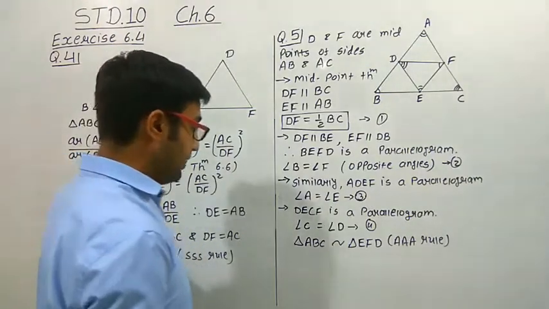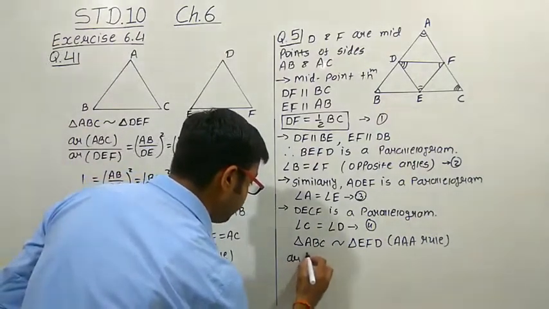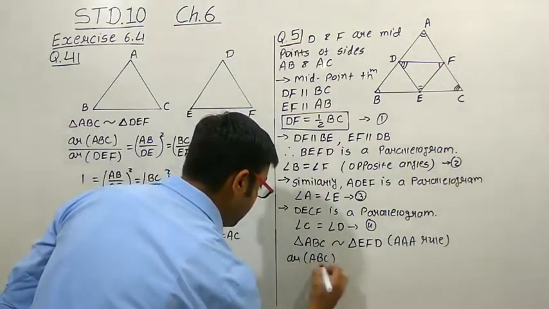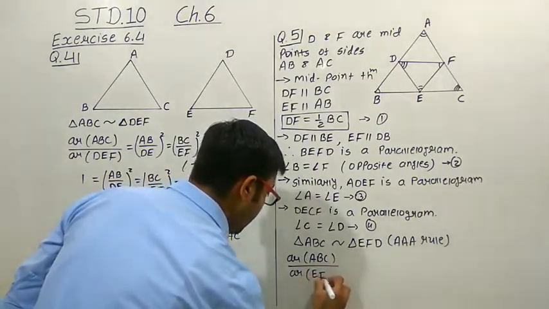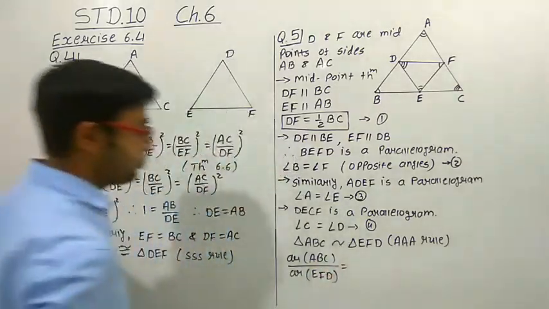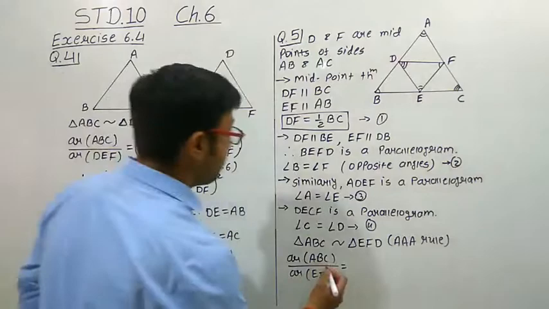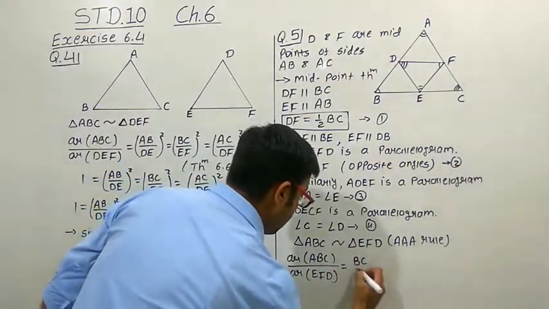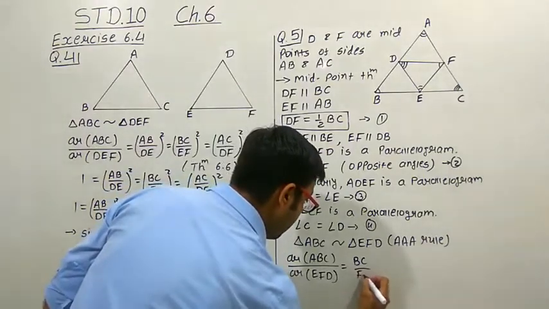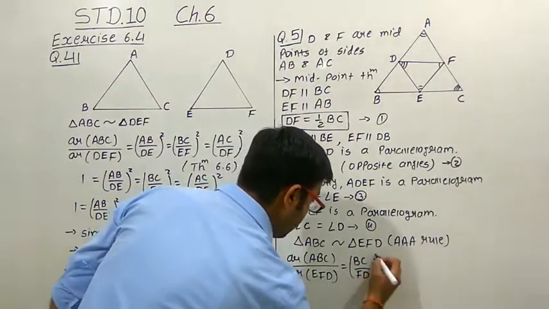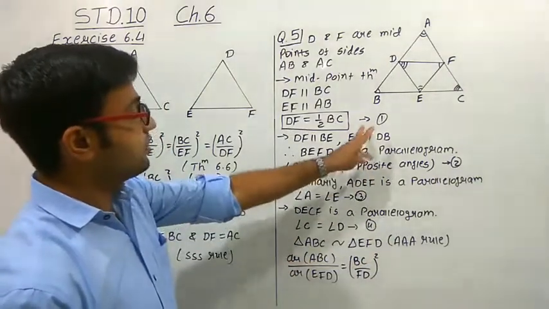Now we can write, according to theorem 6.6, that area of ABC upon area of EFD is equal to the square of the ratio of corresponding sides. Here we are taking the BC side and the FD side, and it is squared. Now we have to use equation number 1.